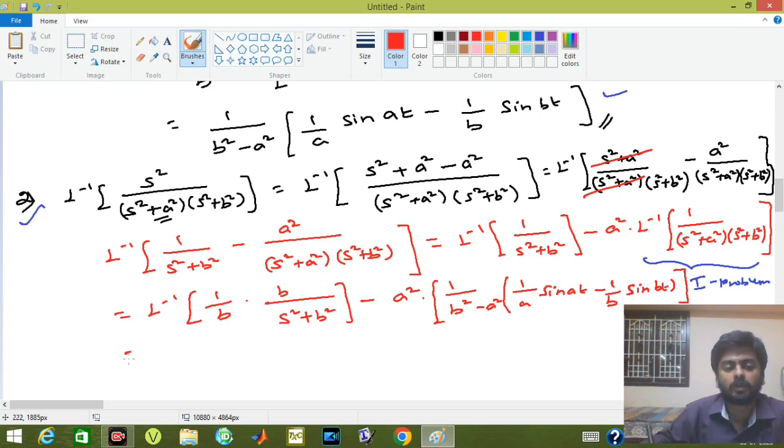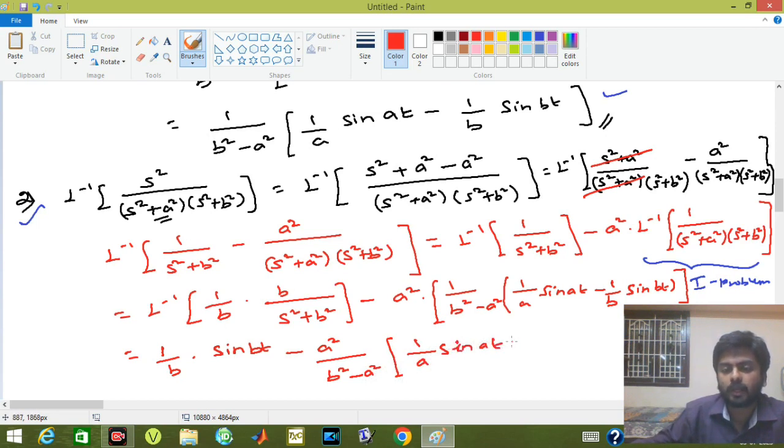Okay, now here you will have 1 by b into sin bt minus a square divided by b square minus a square into 1 by a sin at minus 1 by b sin bt.